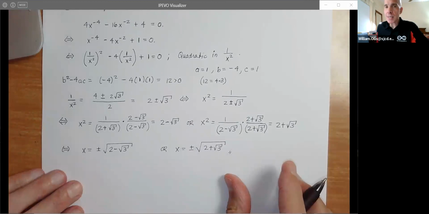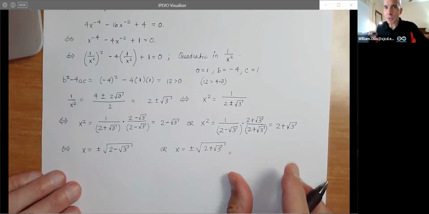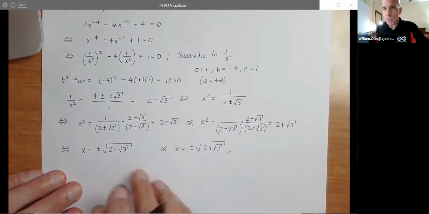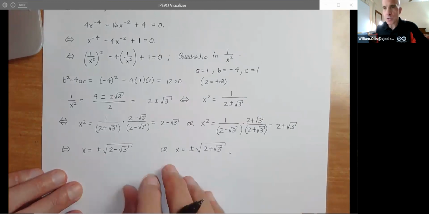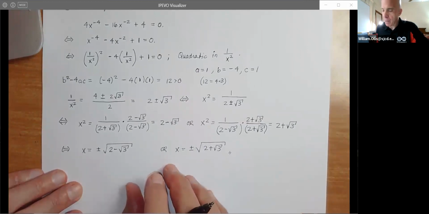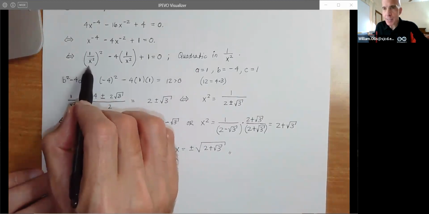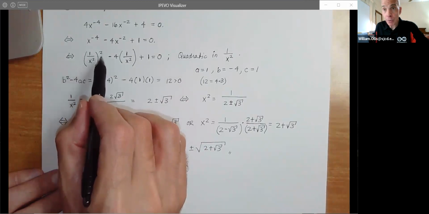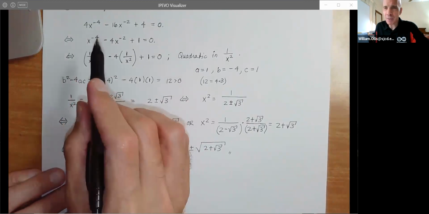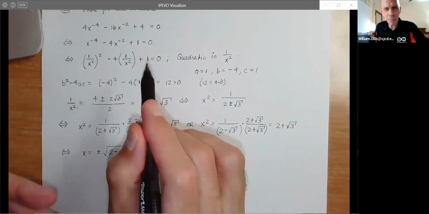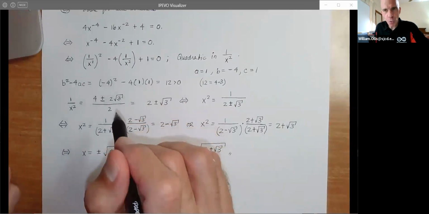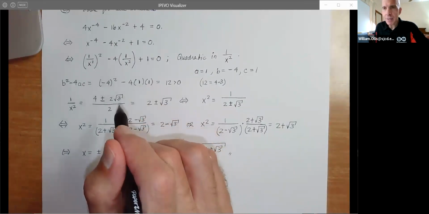Now, what we see with this particular application of the quadratic formula is that we do indeed produce 4 solutions. Because when we look at this, this is basically 1 over x to the 4th power. So you're thinking, okay, it's not really a polynomial, but it is quadratic in 1 over x squared.